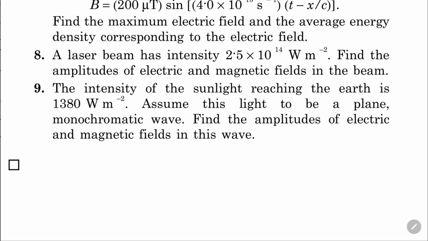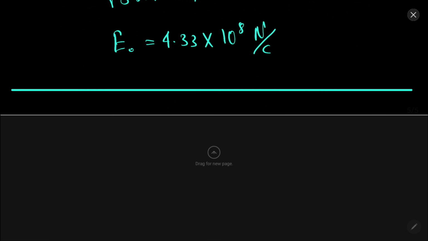In question 9, the intensity of sunlight reaching earth is 1380 watt per meter square. Assume this light to be a plane monochromatic wave. We need to find the amplitudes of the electric and magnetic fields in this wave. So this is the 9th one.